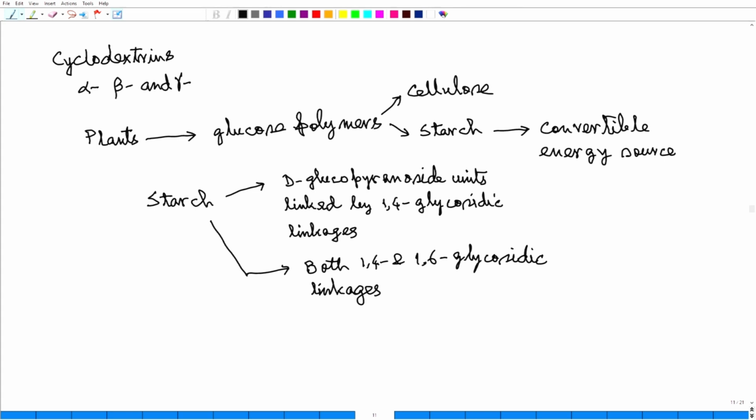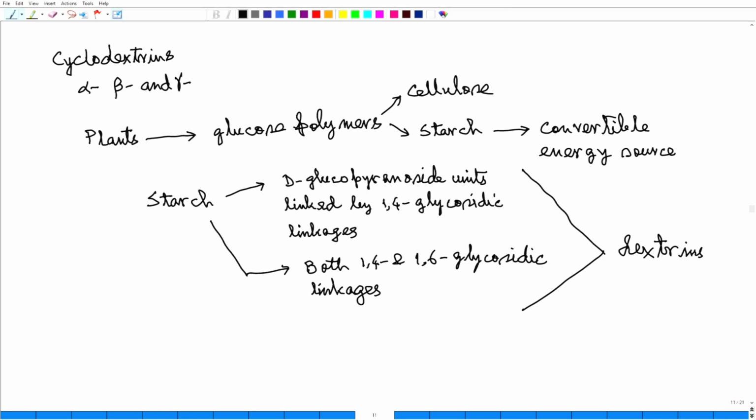by acid treatment, by heat, by ionizing radiation, in the presence of water to form a mixture of degradation products called dextrins. So, here we are: the plant produces cellulose and starch.